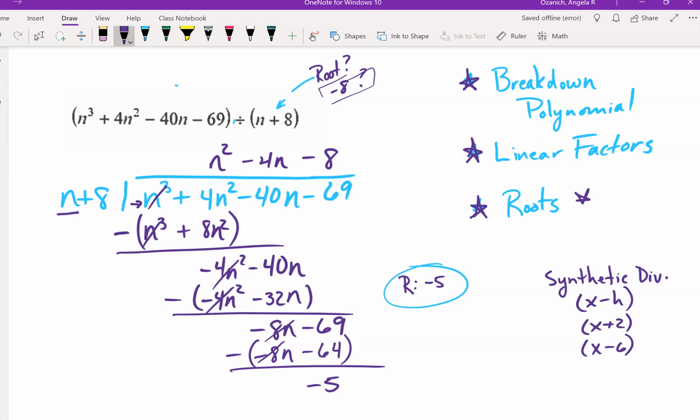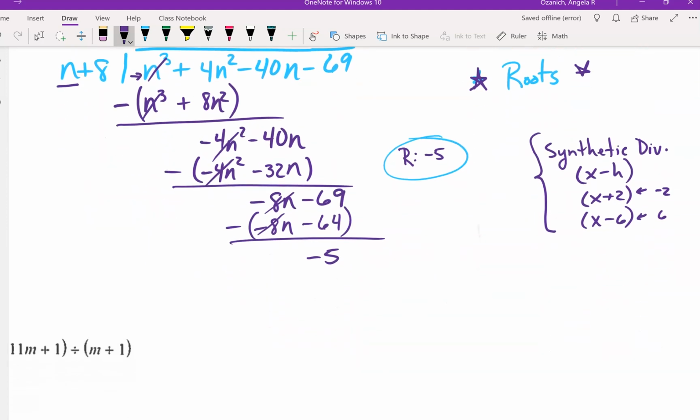Essentially, this linear factor would have a root or zero at -2, and this linear factor would have a root or zero at 6, okay? So we're incorporating all this information into this division and solving process.